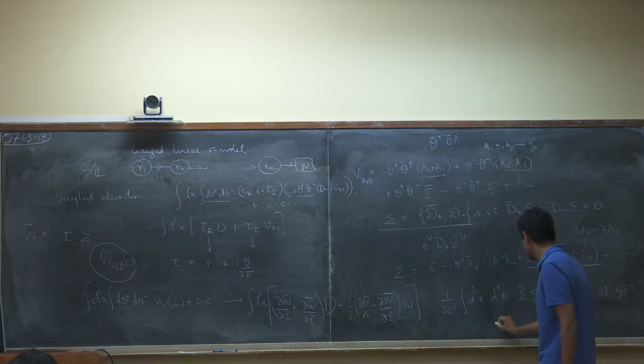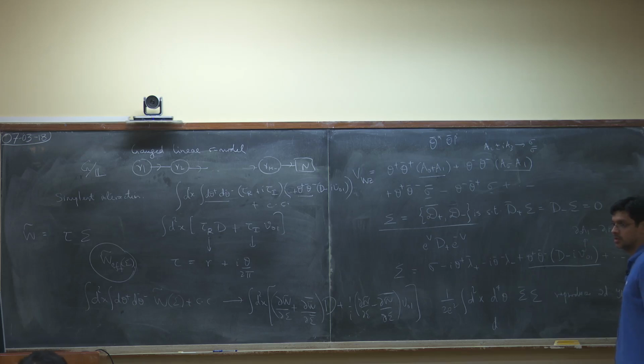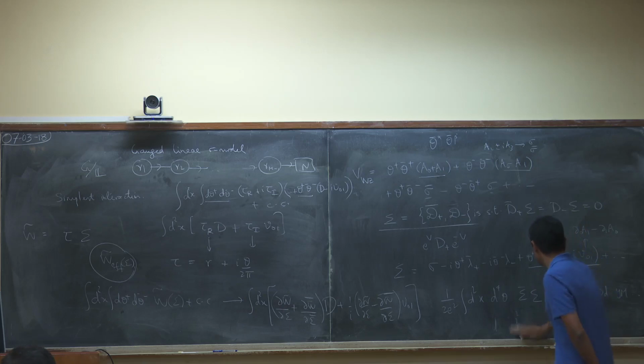Well, I have to first do the other integration before I can write an effective W. I just want to see what the dependence in the action is after you integrate all the superfields, on D minus i v01. Oh, so it does get (D minus i v01) squared, right? Oh, you're saying just from this? Yes. And so now if you complete the square, what do you get from here?